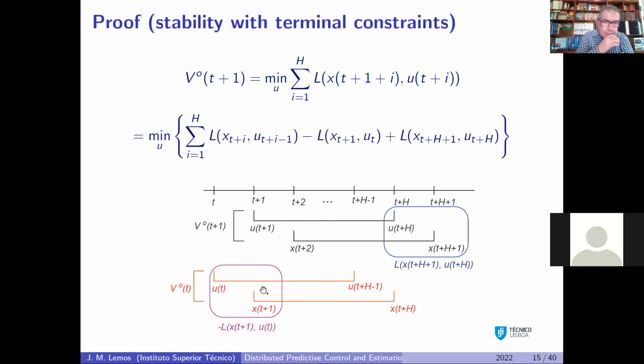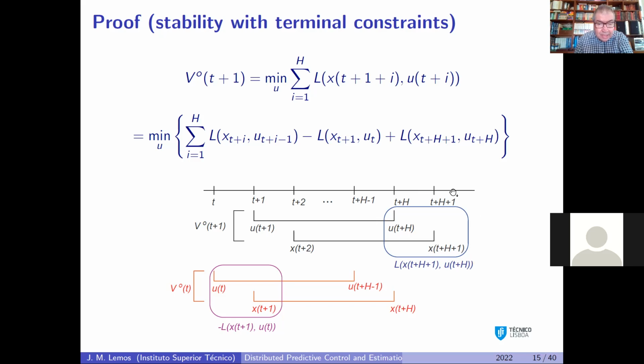So the black part is the red part, but then you have this first point here, u t, x t plus 1. So I have to eliminate or subtract this term because it does not appear in V0 of t plus 1. So I put here a minus L of x t plus 1, u t. That's this first point.